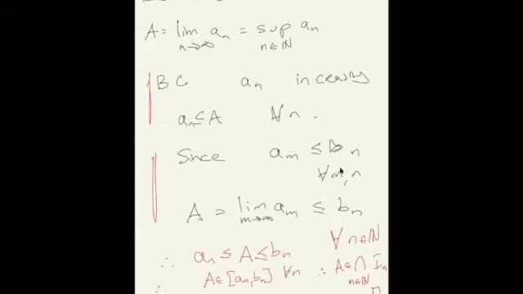Why do we need the AM here? If I would use just AN here, AN less than or equal to BN, then I couldn't take a limit in N because the left and the right side would depend on the same thing. But if I have an M here, and I take a limit in M, I can take a limit on the left side, but then the limit on the right-hand side becomes a limit of a constant.